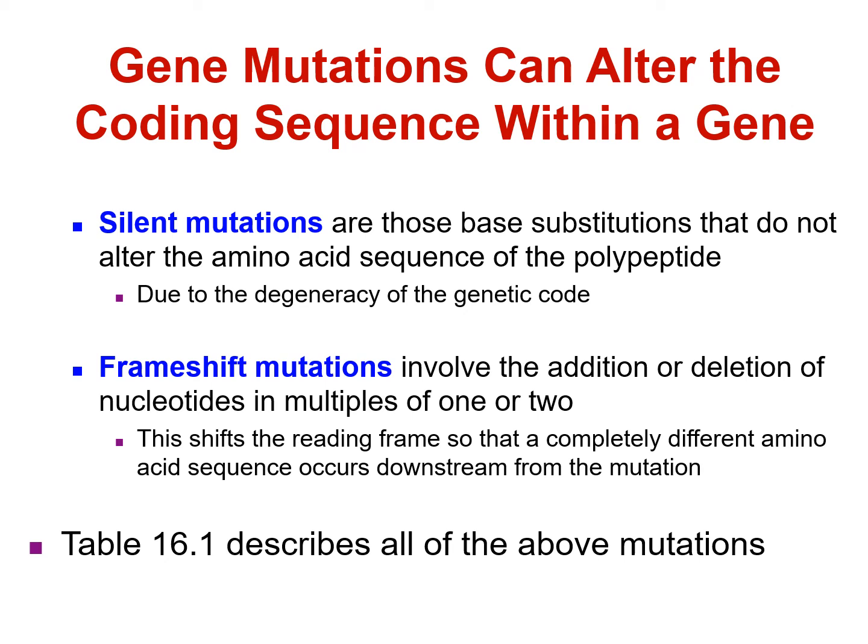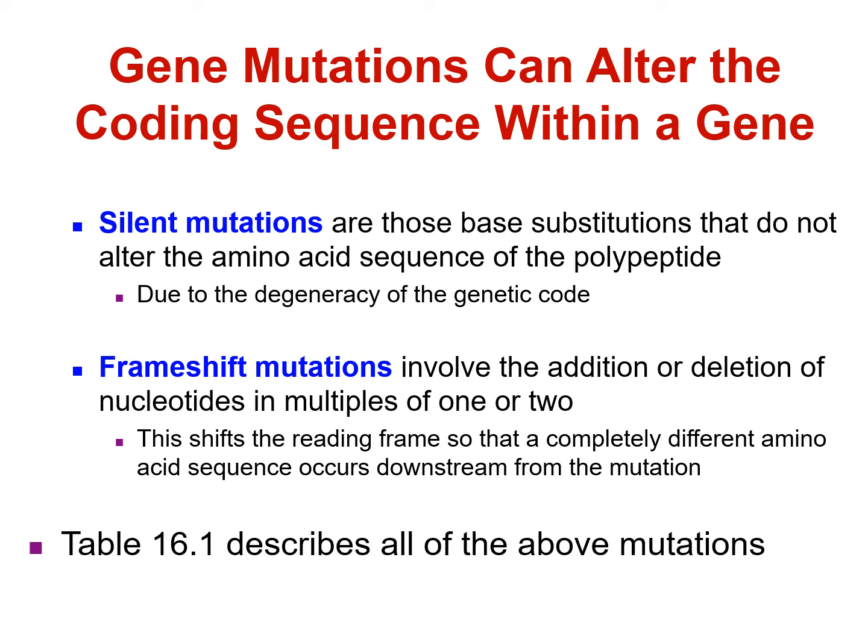So a mutation that changes only the last base will not alter the amino acid. For threonine, the first two letters are the same, and if the third nucleotide is changed, it will still code for threonine. So that is called the silent mutation.